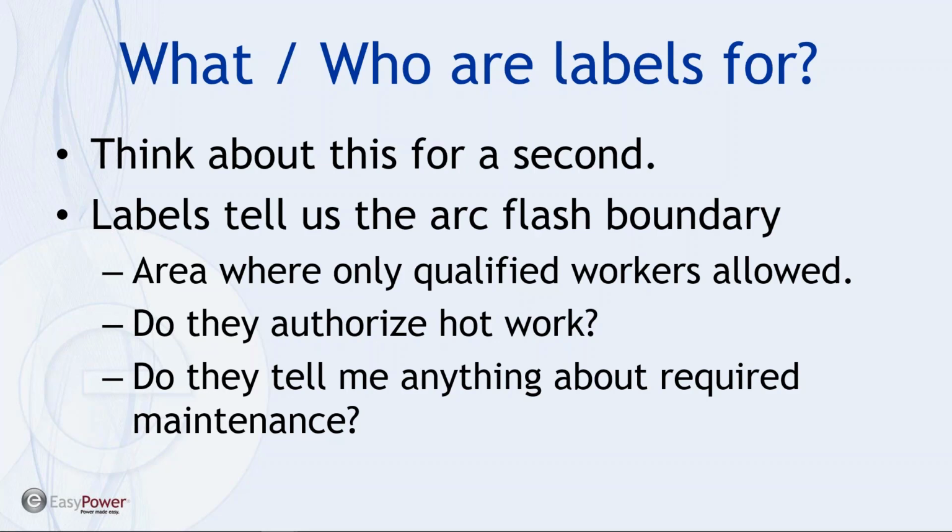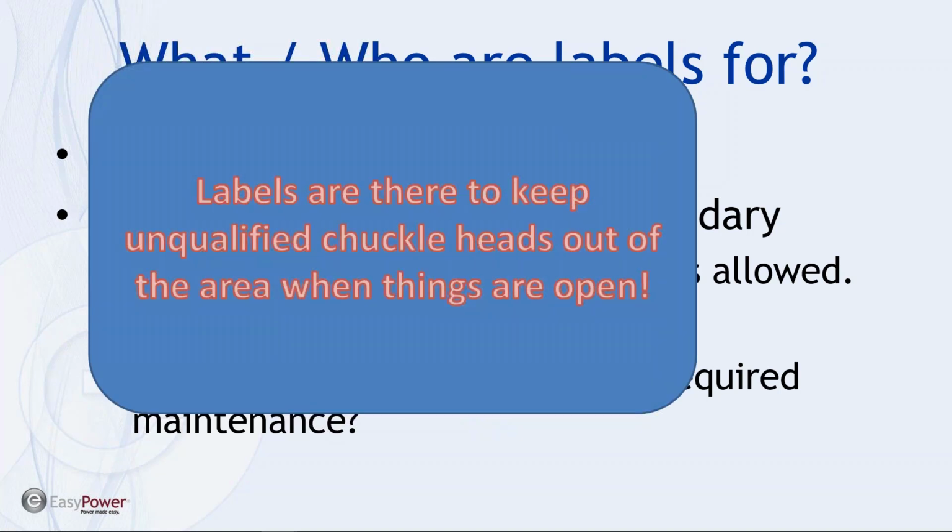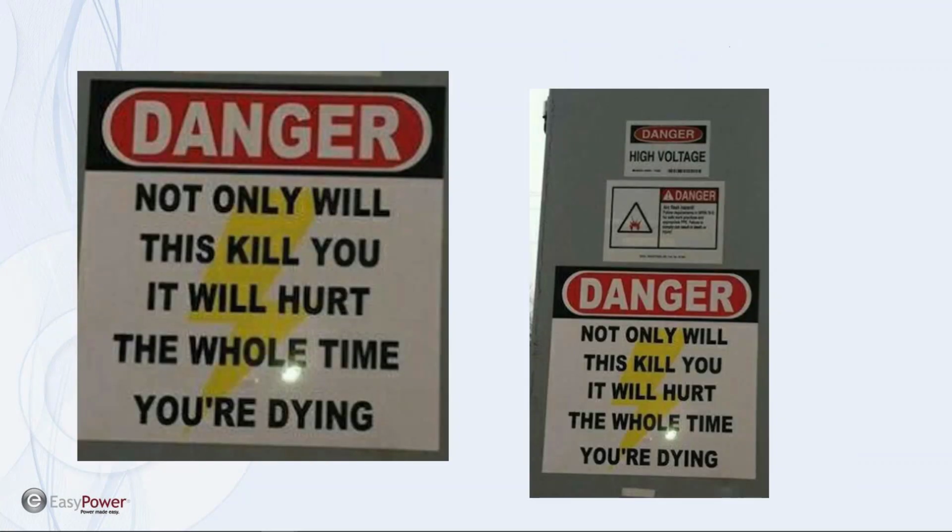Do they tell us anything about the maintenance that's required on that piece of equipment? When you think about it, the labels are there to keep the unqualified chuckleheads out of the area when things are open. And in some regards, probably a better label might be something along this mindset. And the whole point of the label is to alert people that there's a hazard involved.